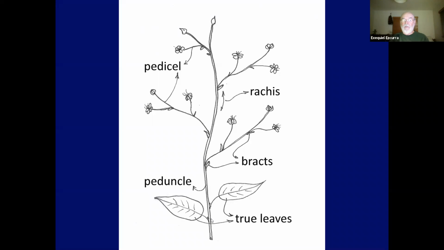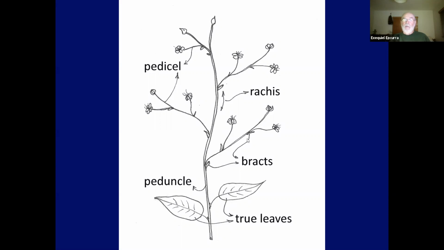You have here a stem growing upwards, and at some point a hormonal signal is given in which, instead of producing large photosynthetic leaves, the stems are producing much reduced leaves. The leaves are very, very small, and the leaves will branch. Remember the architecture of a plant metamere. It has a leaf in a node, an internode, and then another leaf in a node, and branching will occur from the axil of the leaf.